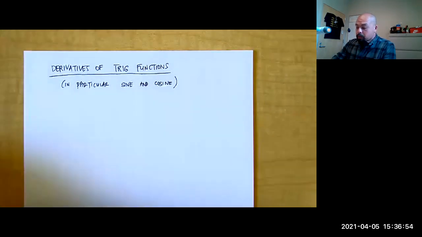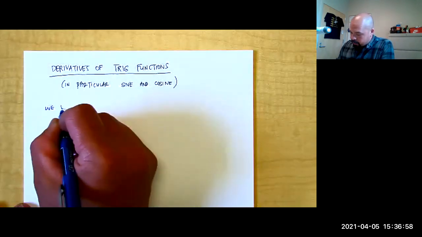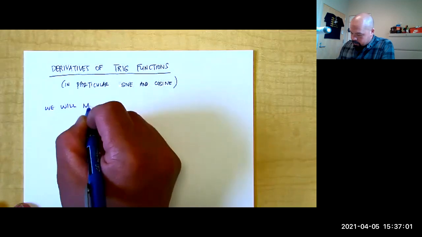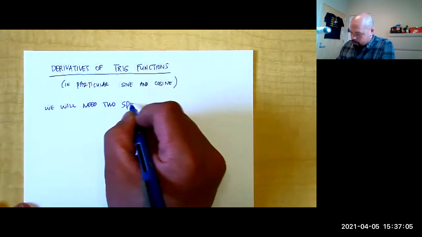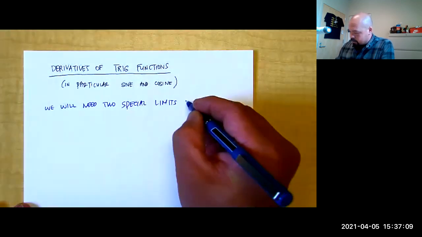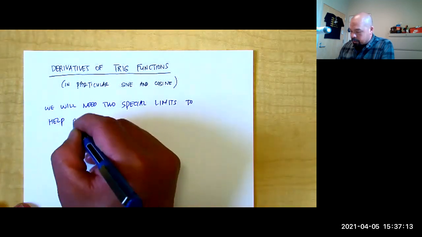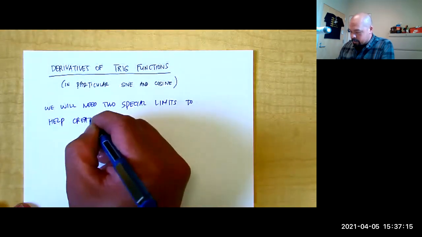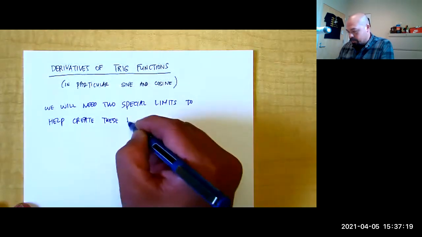And so in order to deal with these though, here we will need two special limits to help create these differentiation rules, right?